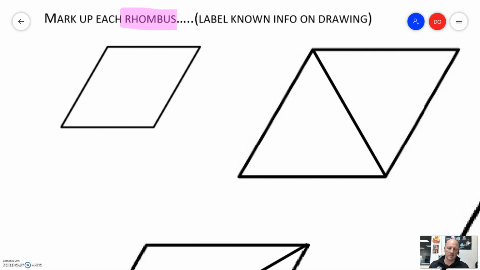Let's start with, since this is a rhombus, it is also a parallelogram, which opposite sides are parallel. We also know, based off of the definition of a rhombus, that all four sides are congruent. And we also know that since this is a parallelogram, the opposite angles are congruent as well.